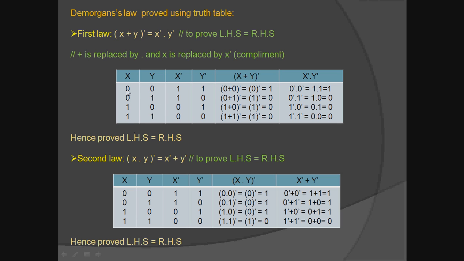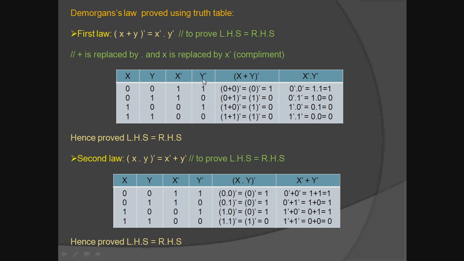Because here you can see that when x is 0, y is also 0. When x is 0, y is 1, interchange. When x is 1, y is 0, and when x is 1, y is 1. So no more than these 4 rows can be formed between x and y. So x complement will be the inverse of this, that is 0 inverted is 1, 0 inverted is 1, 1 inverted is 0, and 1 inverted is 0.